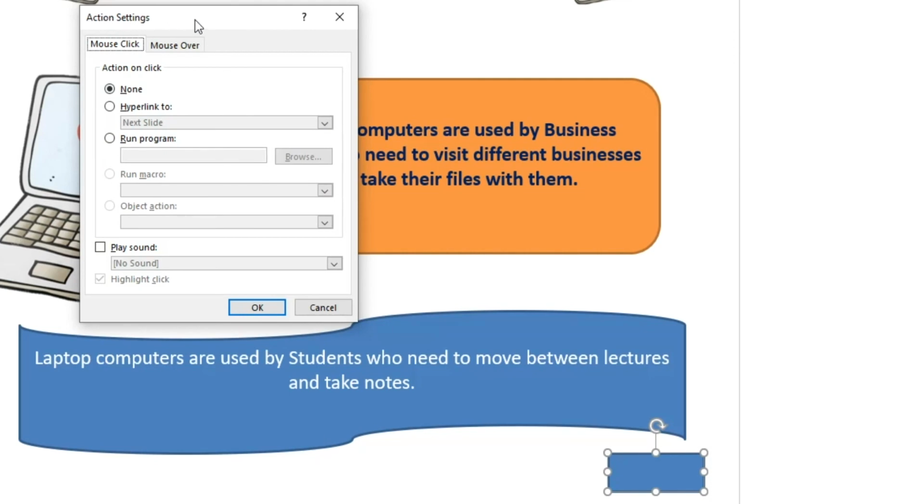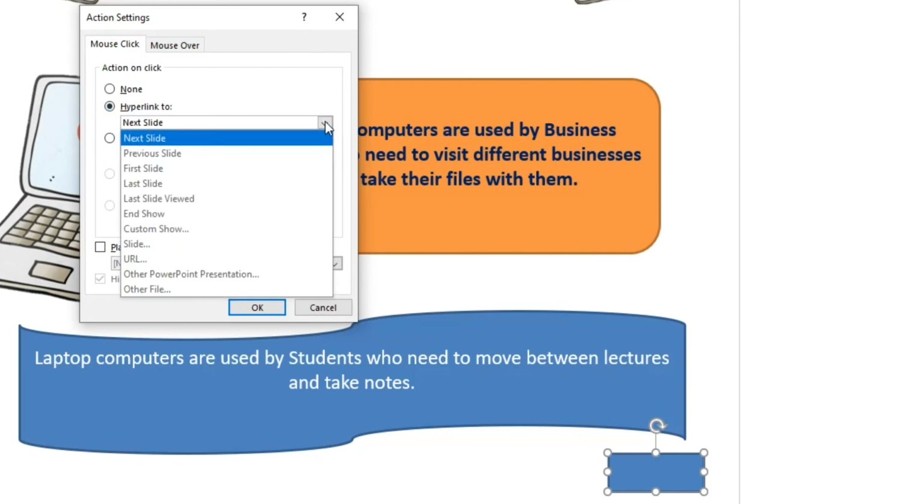And what we're going to do is we're going to apply a hyperlink to this action button, which will take us from slide 4 back to slide 3. So to do that, make sure you click the radio button, this circle, for hyperlink to, and then click the down arrow, which will open up the slides.